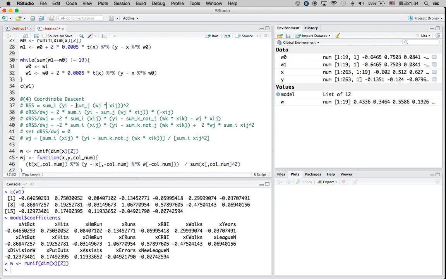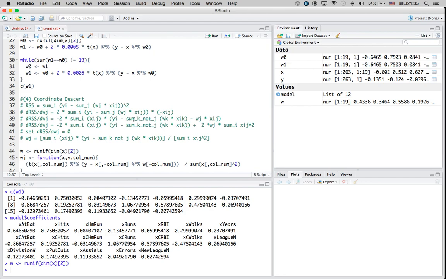Then we also need to take the derivative using the chain rule. But since there's only one w_j within the sum from 1 to 19, we only get the x for the jth coefficient instead of taking the sum. There's no sum on the j part, since there's only one x value that is multiplied by w_j.